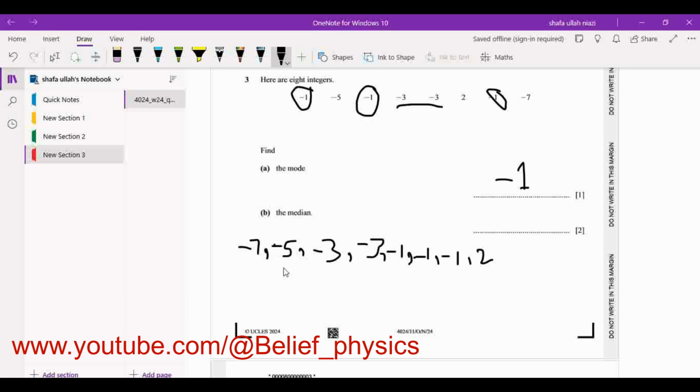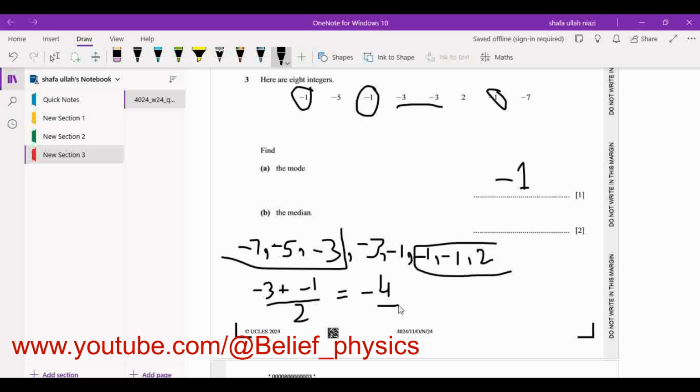The median is the average of the 4th and 5th numbers, 3 from this side and 3 from this side. So median is -3 plus -1 divided by 2. -3 plus -1 is -4, and -4 divided by 2 is -2.